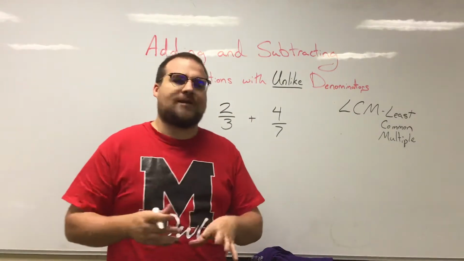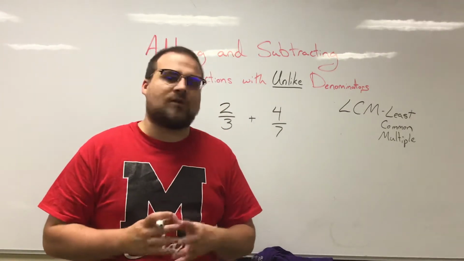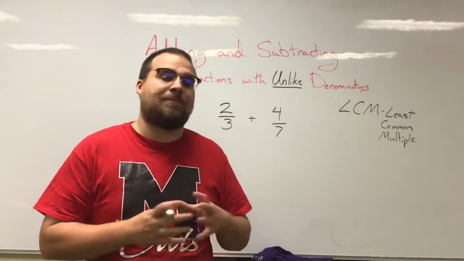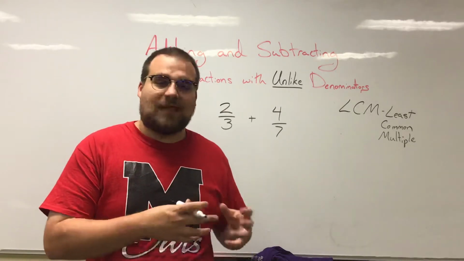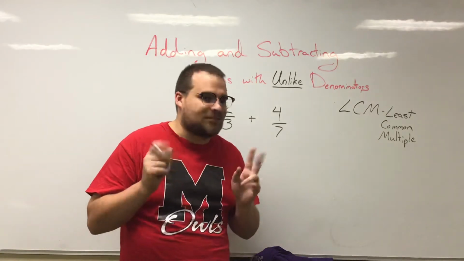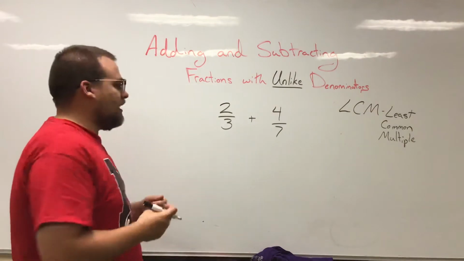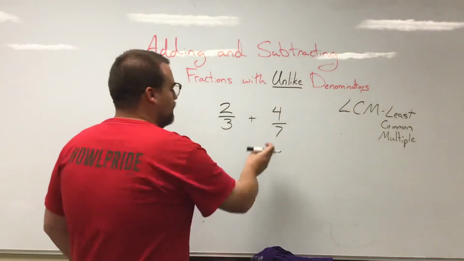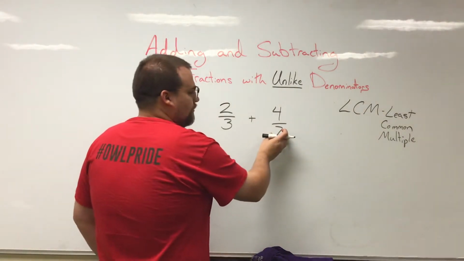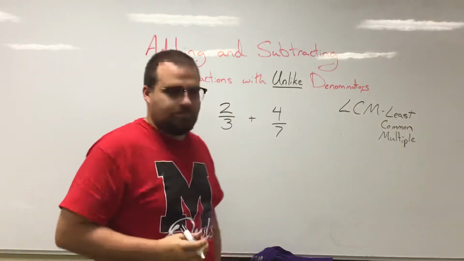So I have a strategy to go about finding this least common multiple, or at least a multiple that we can make the denominator that allows us to add or subtract these, even if it's not quite the least one. What I personally like to do is take the denominator here and the denominator here and multiply them.